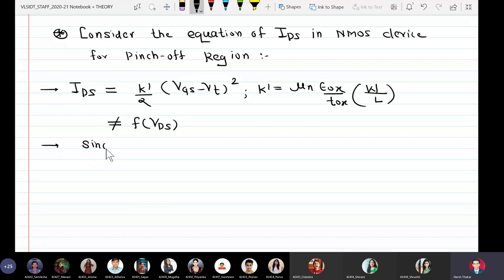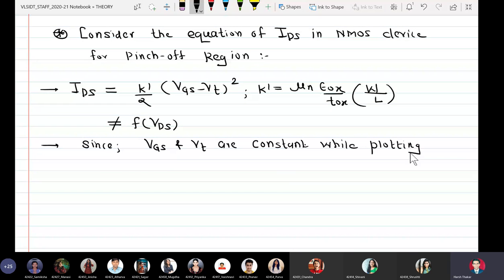And since VGS and VT are constant while plotting the family of curves. So this is a data sheet parameter.